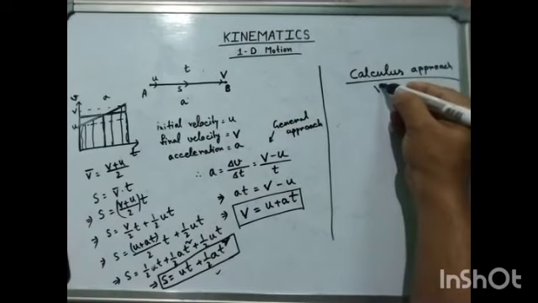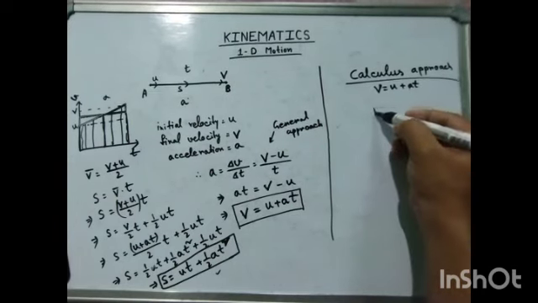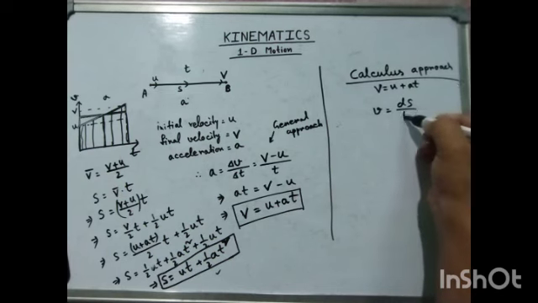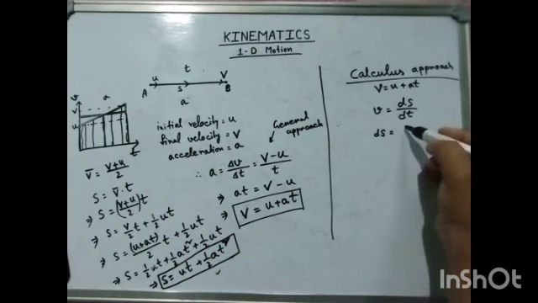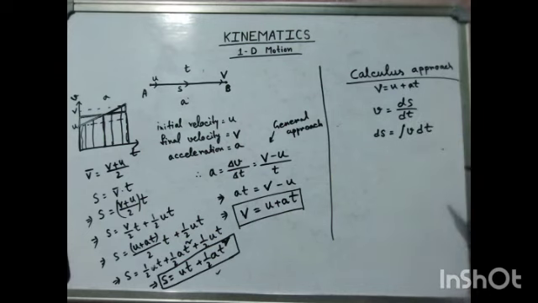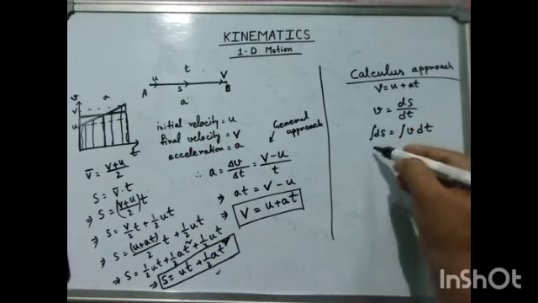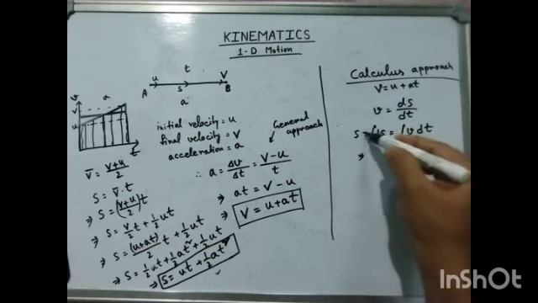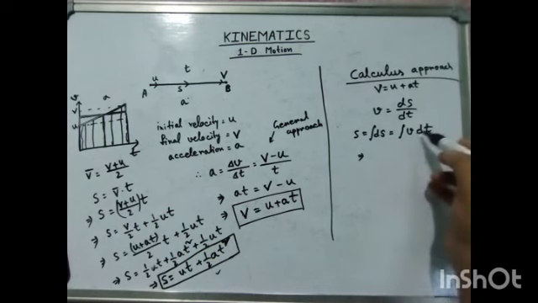We have v equal to u plus at. Now we know that v means ds by dt. So ds means integration of v dt, or s is equal to the integration of v dt.